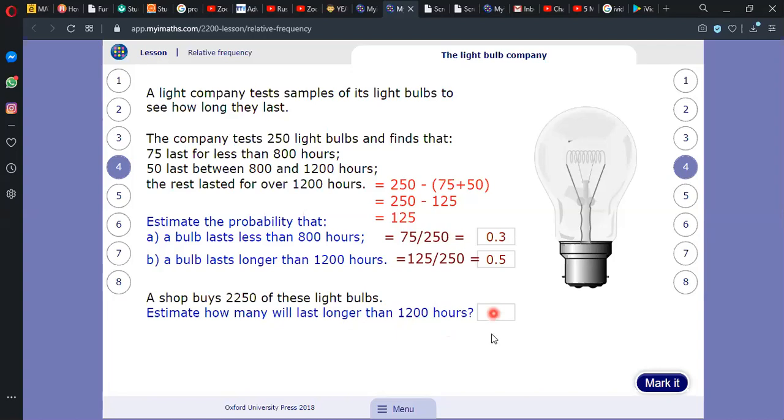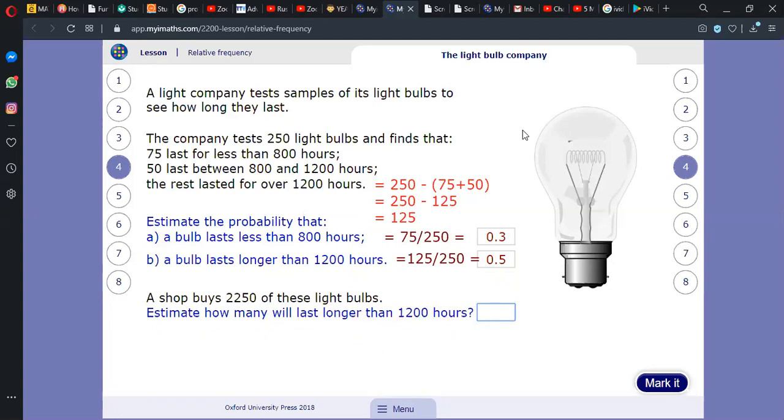We all remember that to do this, they are not asking us for the probability anymore, because previously, from question B above, we already know the probability of a bulb lasting longer than 1,200 hours. So what they want us to estimate is the total number of successes, like how many bulbs will last longer. That's what they're asking now.